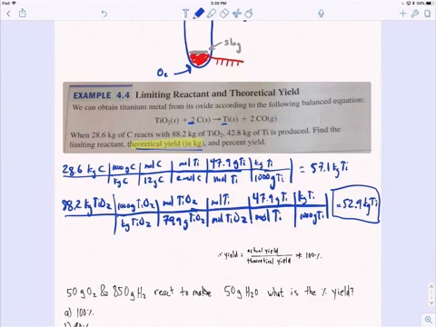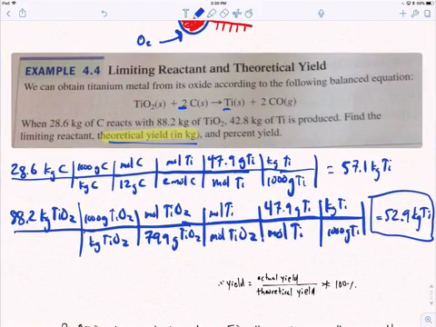Now, let's say I were the plant manager and I was looking in on this. I would think that whoever's running this reaction is doing a great job. So I would come over, give that person a big pat on the back. Why is that? Well, we have the titanium dioxide and we have the carbon. What do you think is cheaper, the ore or the carbon? Carbon's much cheaper. The ore is expensive.